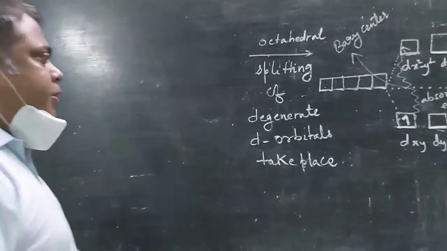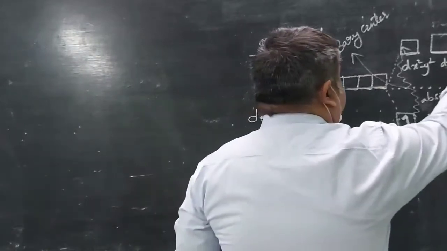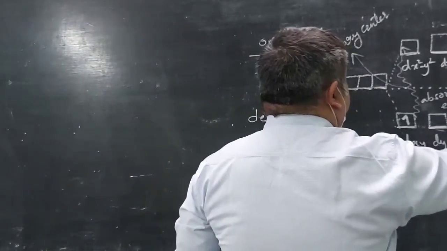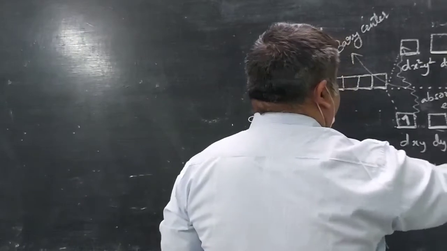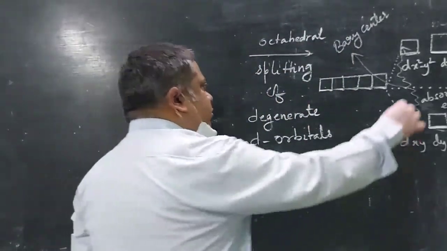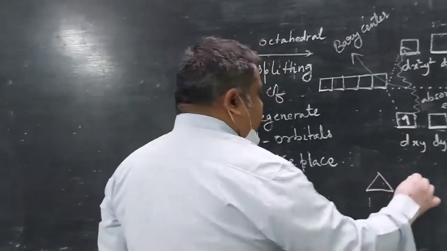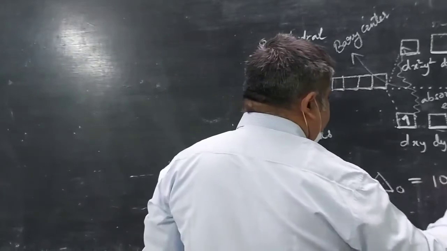The energy gap between this and this is said to be 10 Dq. It is also symbolized as octahedral splitting, delta O. Delta O is equal to 10 Dq.